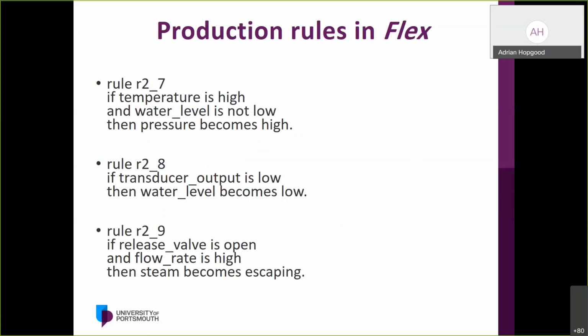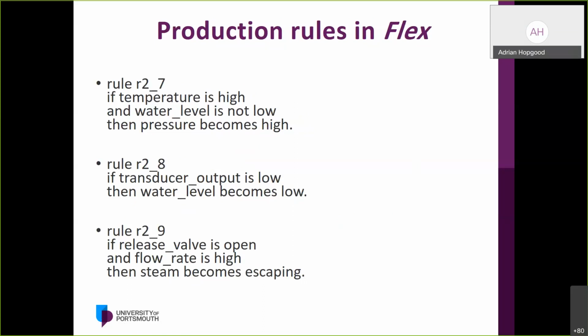But here's an example of some further production rules, and this uses the flex syntax that I mentioned earlier. And these are rules about my fictitious boiler. If the temperature is high and the water level is not low, then the pressure becomes high. If the transducer output is low, then the water level becomes low, etc. And there's a link between these rules.